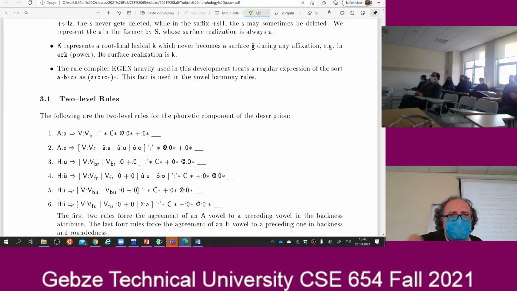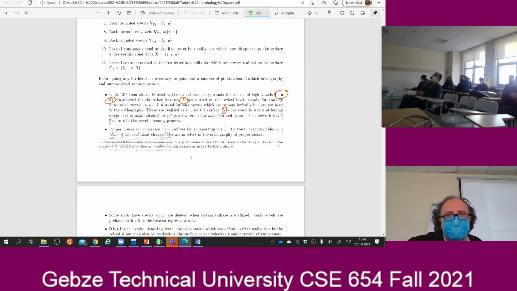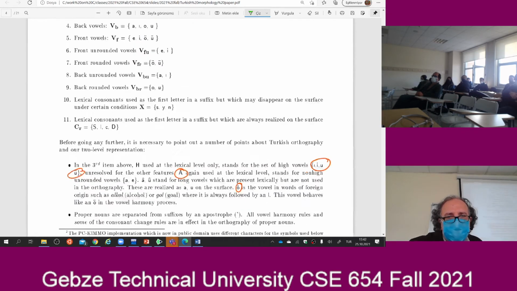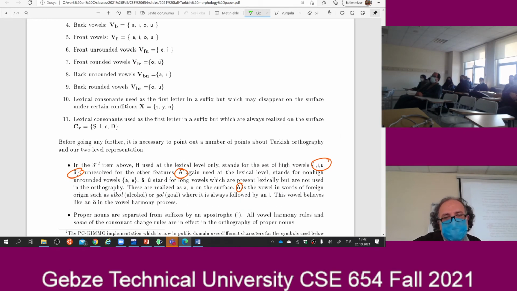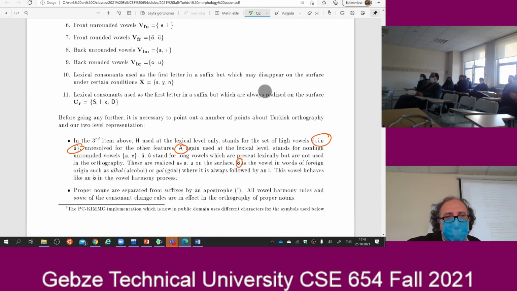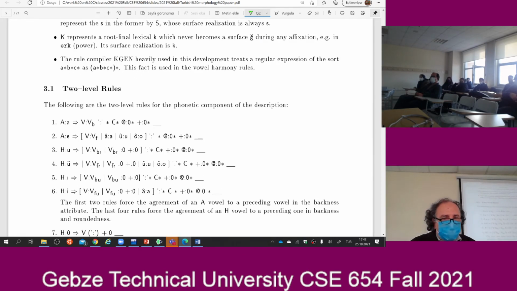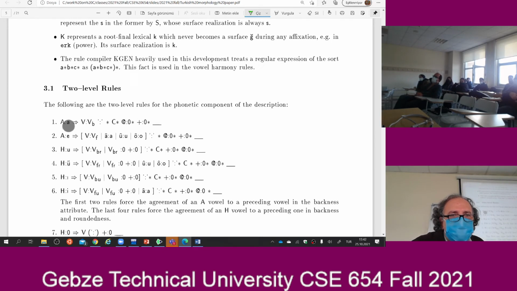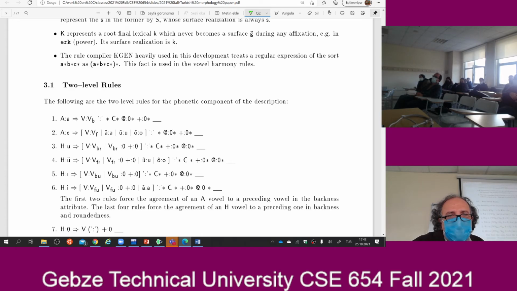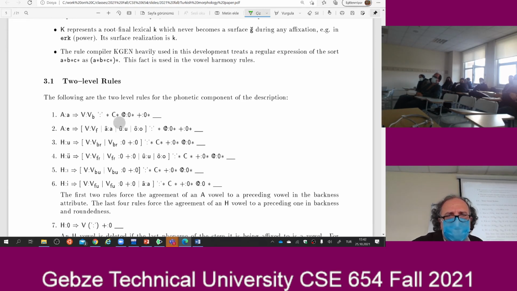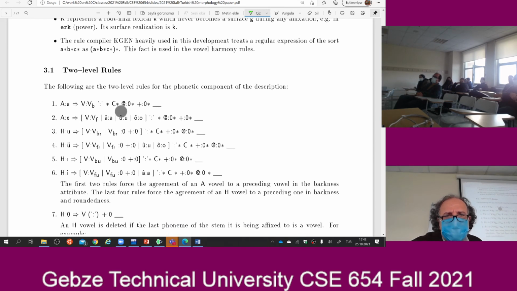This is capital A. This one says that for all A, they can be surfaced as A, and these are, remember, all the vowels, and I can do this with all the context, I guess.